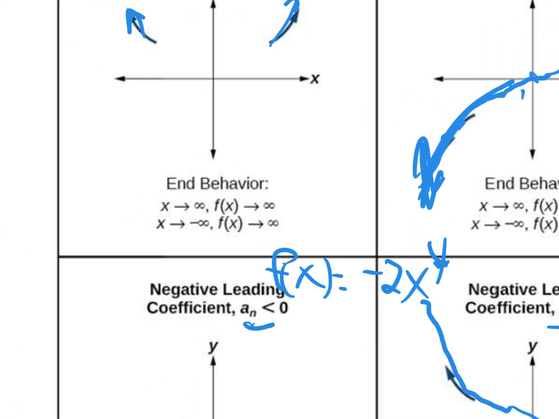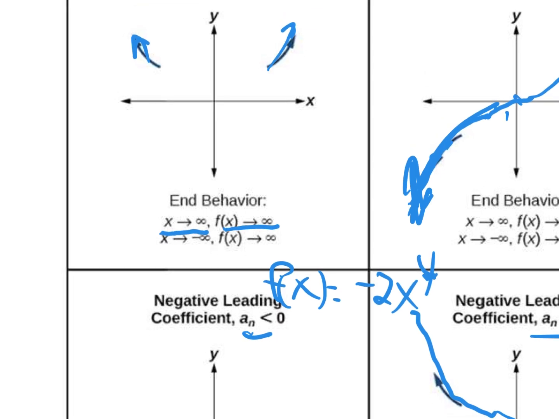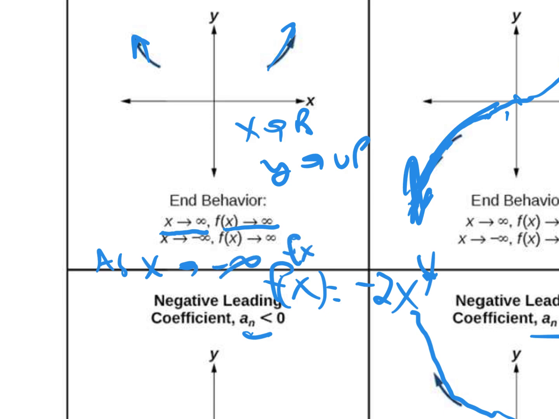Now, look how we write our answers. As x goes to infinity, the y values go to infinity. That means as x goes to the right, y goes up. As x goes to the left, that means negative infinity, that's what's happening. F of x goes up.